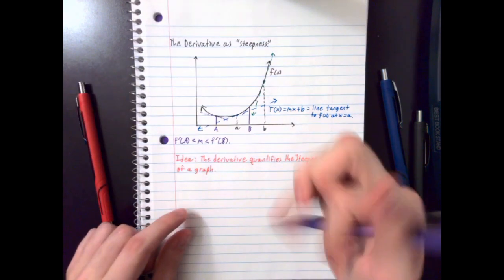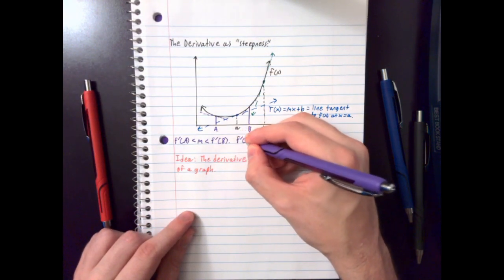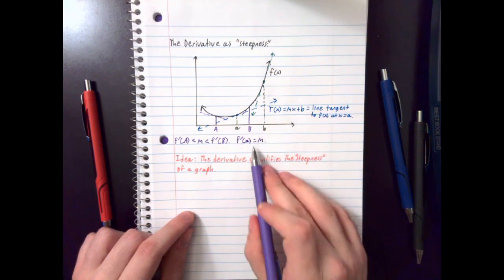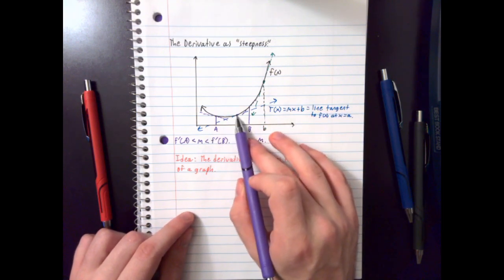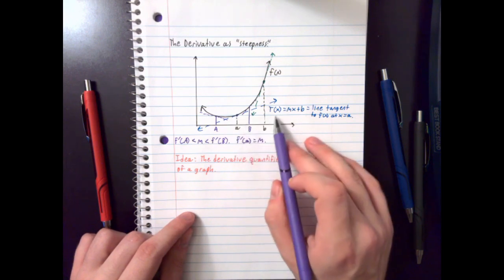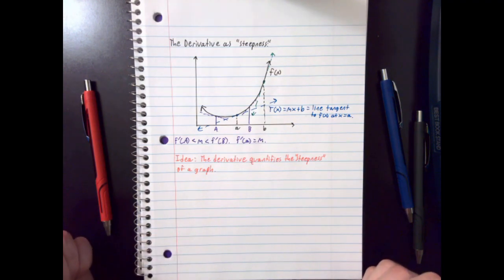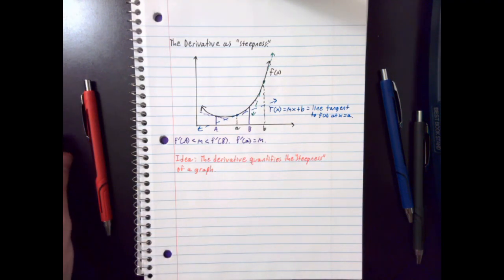And of course f prime of little a is equal to m, because the derivative and the slope of the tangent line at this point A, where the tangent line is constructed, certainly agree. Okay, so that's all I wanted to say about that.